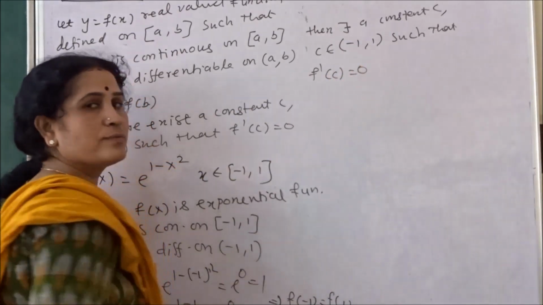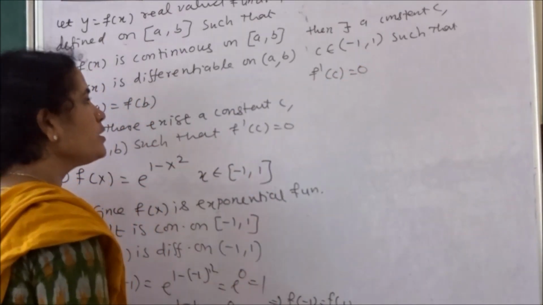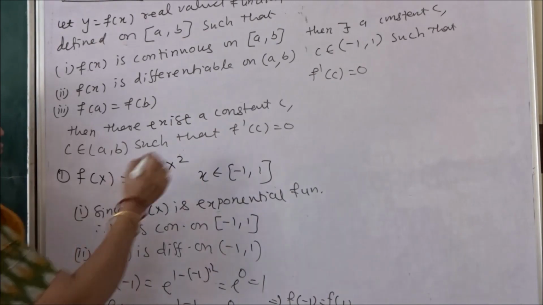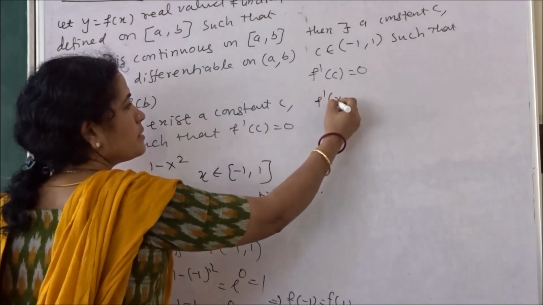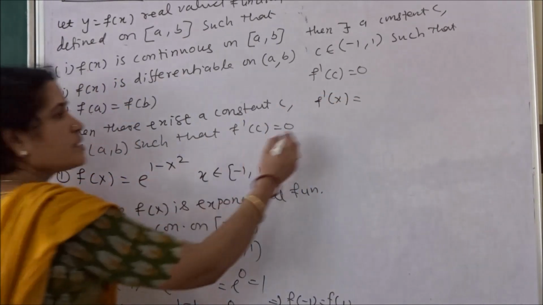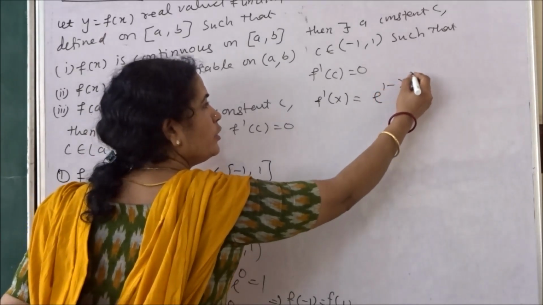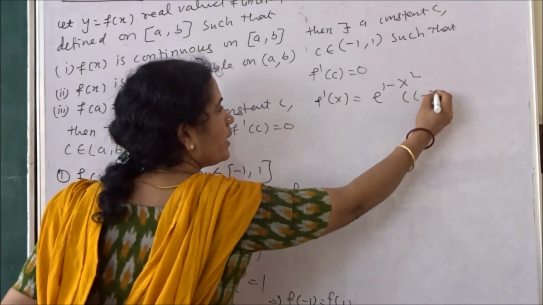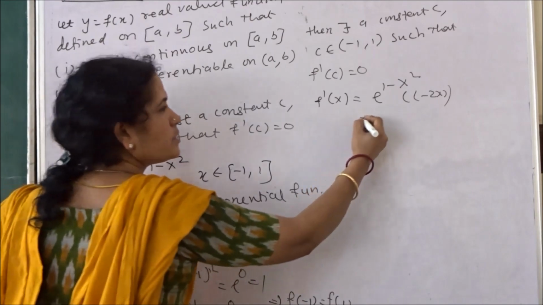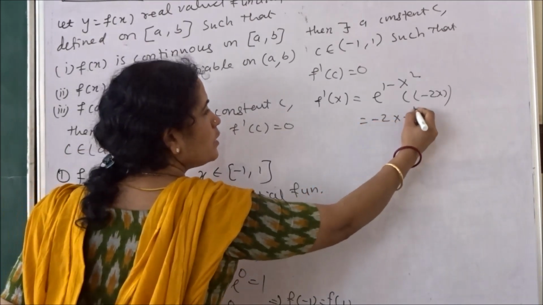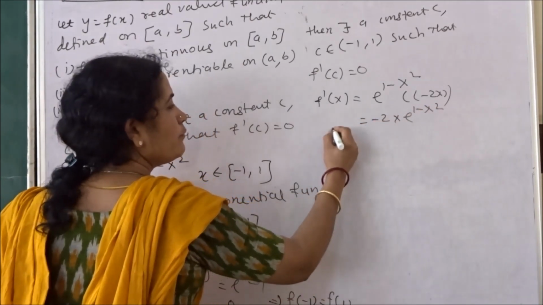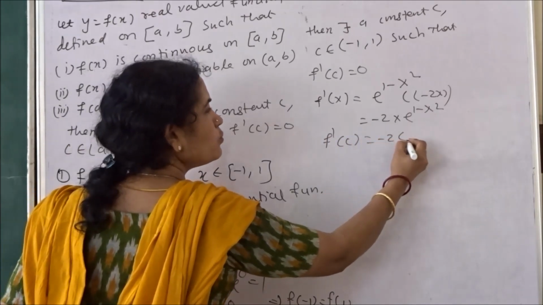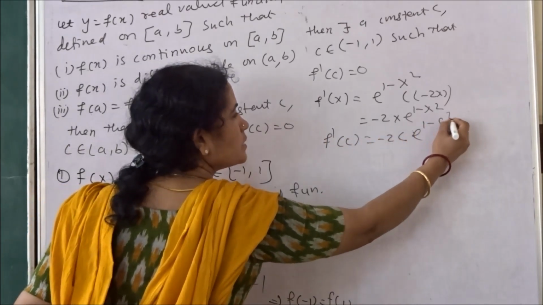What is f dash of c? First find f dash of x. F dash of x equal to e power 1 minus x square into the differentiation of 1 minus x square, which is minus 2x. So we get minus 2x into e power 1 minus x square. Therefore f dash of c equal to minus 2c into e power 1 minus c square.